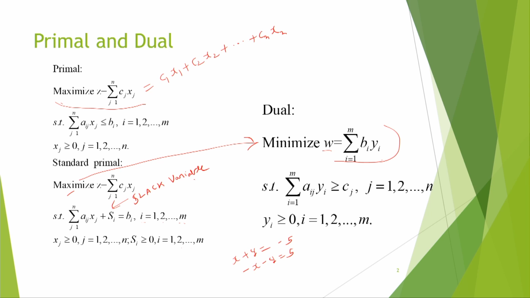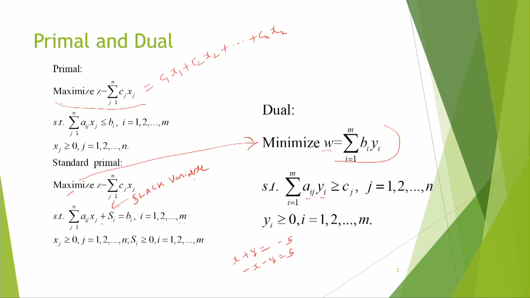So, n plus m variables. What happens is that if we solve in a systematic way with minimization, there will be a greater than sign, and we have sigma i is equal to 1 to m sigma aij yi. Why yi? Because there are m constraints, each one will be multiplied.